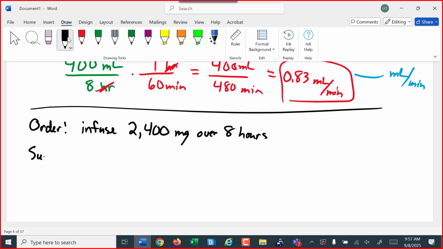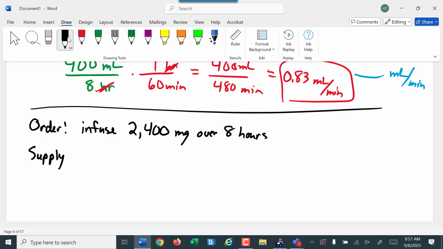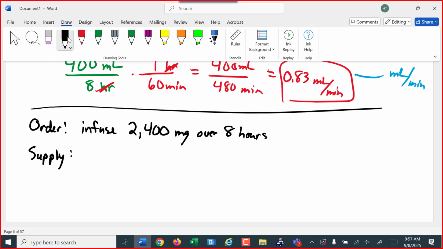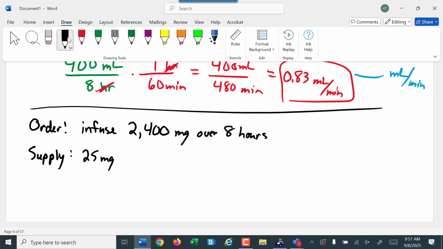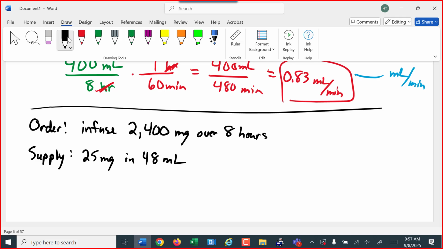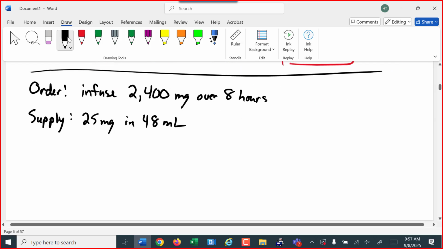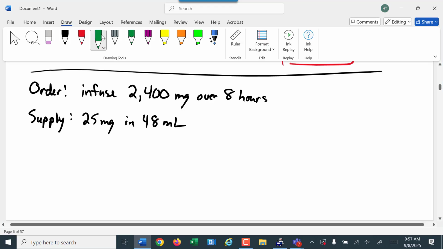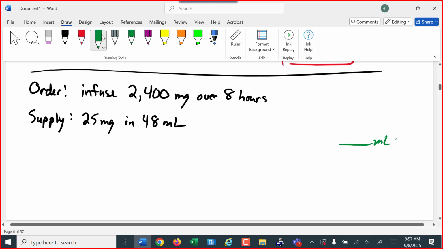And we look at the label on our supply, and our supply is telling us that it is a solution constituted at 25 milligrams in every 48 milliliters. So a pretty weak solution. And let's just say we want this in milliliters per minute.